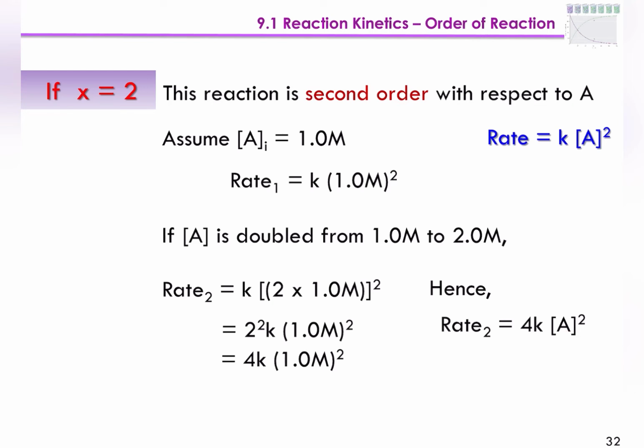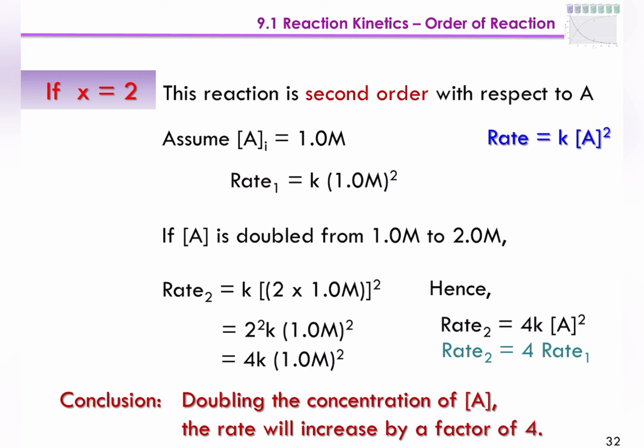And what can you illustrate from here? Rate 2 equals 4 times rate 1, which is this one. So my conclusion is that when you double the concentration of A, the rate will also increase by a factor of 4. So please be careful because there is a lot of mathematics here.